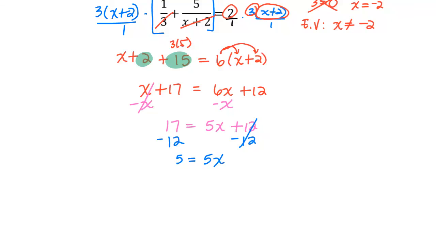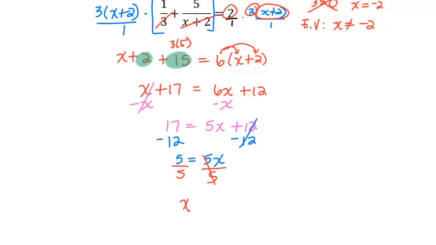All right, so for these, what I did was I subtracted x. That gave me 5x. And then I subtracted the 12. So 17 minus 12 gives you 5. And then now I got the 5x equals 5. So I need to get rid of that 5 by dividing by 5.